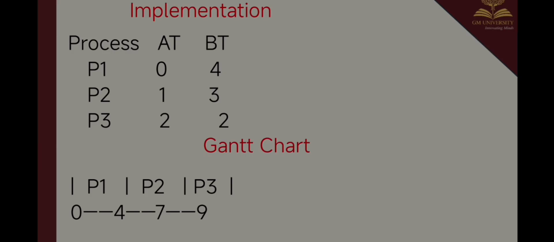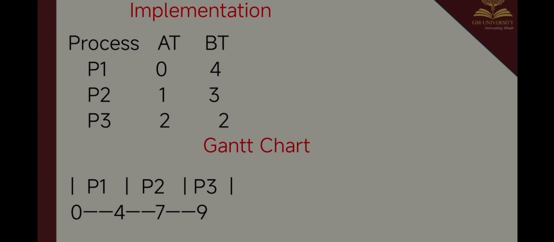Implementation. Taking an example of processes P1, P2 and P3, the arrival times are 0, 1, 2 and the burst times are 4, 3, 2. We can make the Gantt chart with the arrival time.